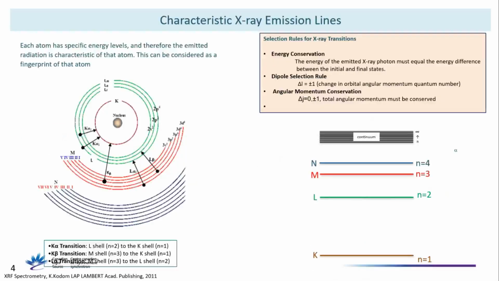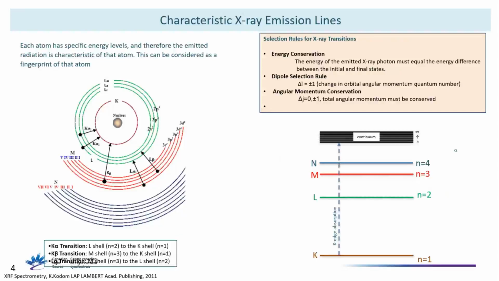I have put a schematic diagram here. There are multiple transitions possible, but these transitions have to follow certain selection rules. The transitions that follow the selection rules are the most probable, but it does not mean that other transitions can't happen.